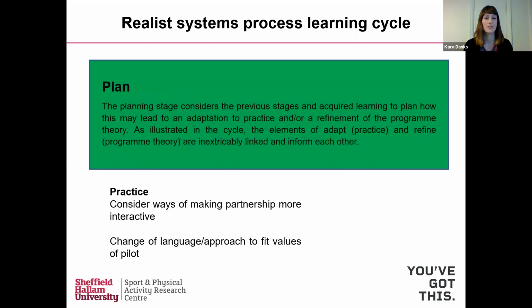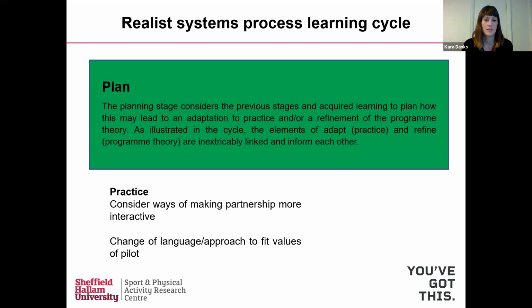Taken forward into the next stage of the learning cycle, the planning stage considers the previous stages and thinks about how this might lead to an adaptation in practice and a refinement of the program theory, so why we think things are happening, supported by other theories. Those two things are inextricably linked, so you can't really separate them. That's why it's so important to work together in this way and co-create this knowledge.